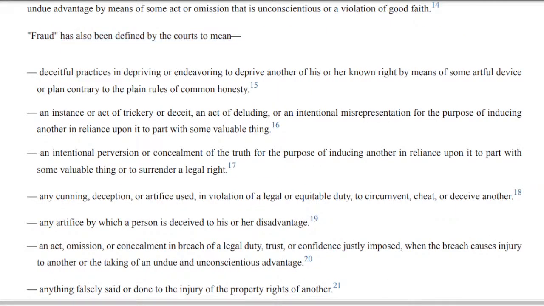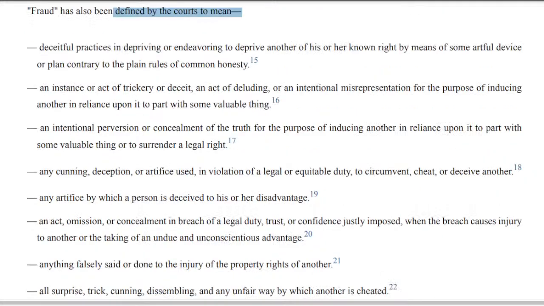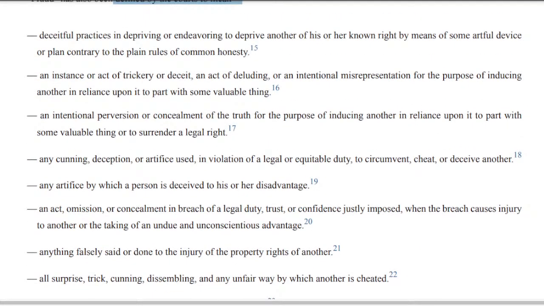So here's our laundry list of what the courts have defined fraud to mean. Deceitful practices in depriving or endeavoring to deprive another of his or her known right by means of some artful device or plan contrary to the plain rules of common honesty.